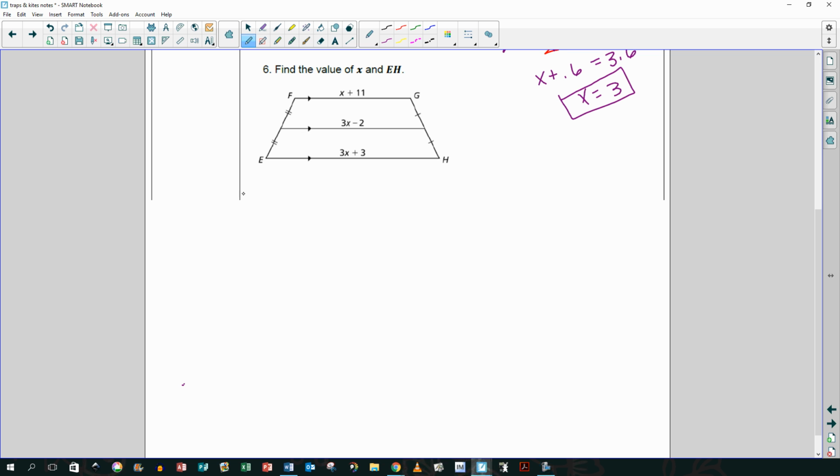So you do the same thing. The base 1 plus base 2 divided by 2 equals the mid-segment. Plug the information in to where it goes. So now I've got 4x plus 14 divided by 2 equals 3x minus 2.